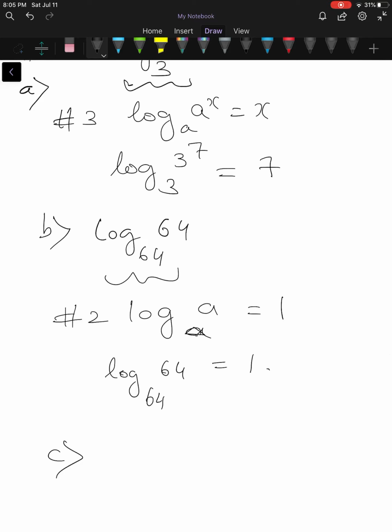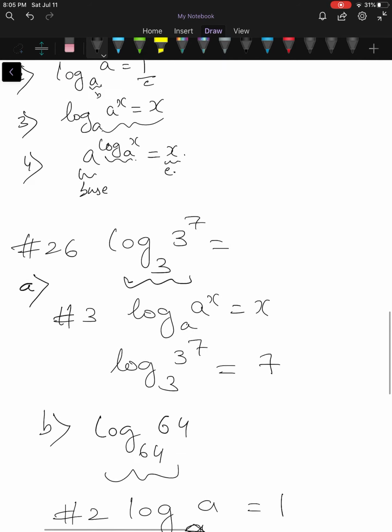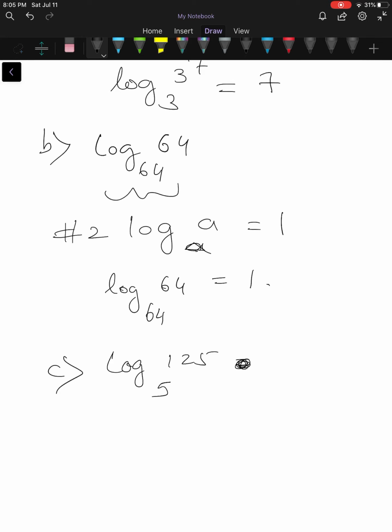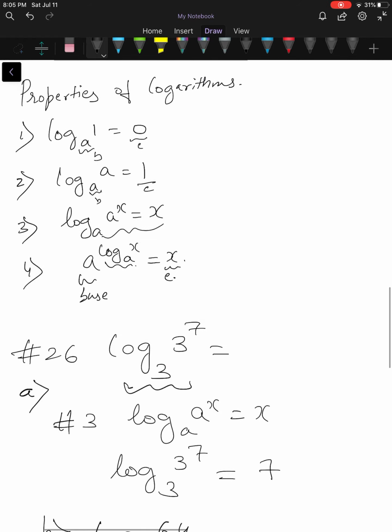Okay, so we have C, which says log of 125 to base 5. You have to evaluate this. How does this look? 125 is nothing but 5 cubed, correct? So you can rewrite this as log base 5 of 5 cubed.